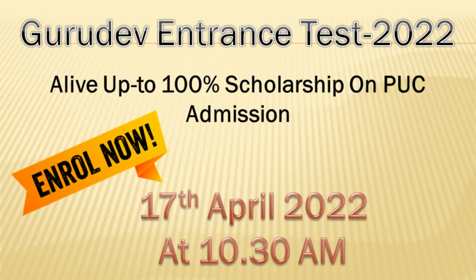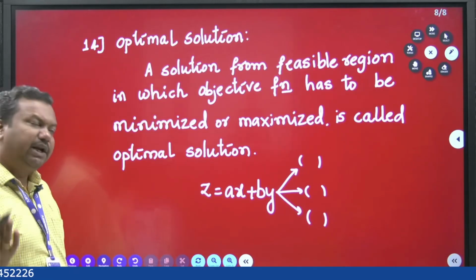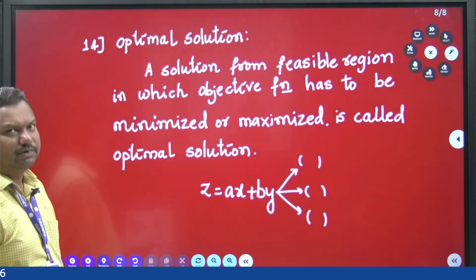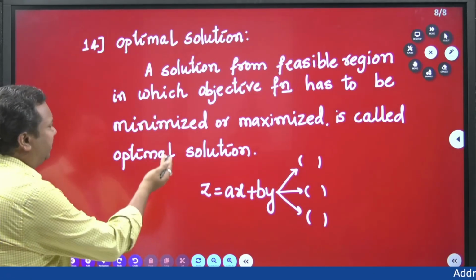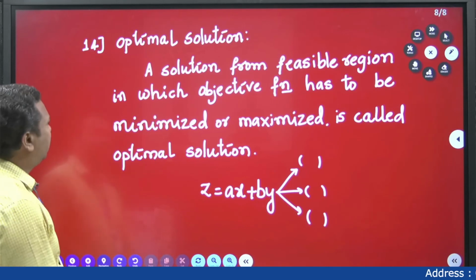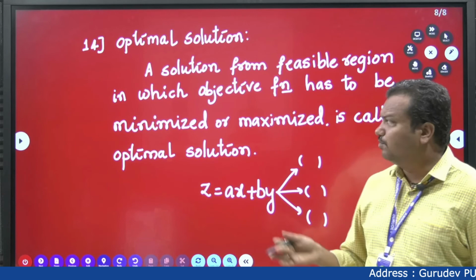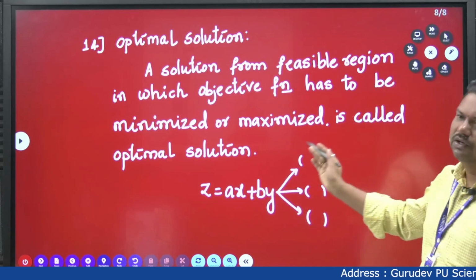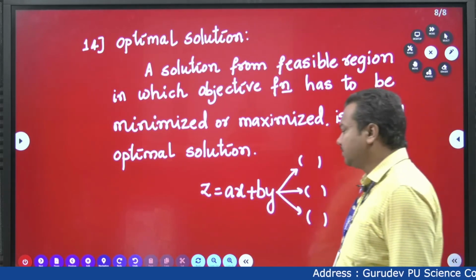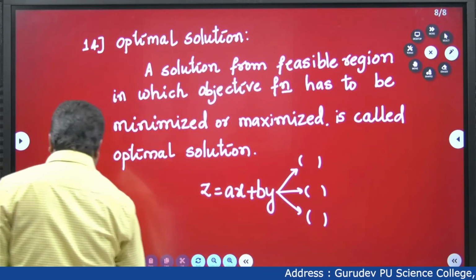At any particular point it will give you a maximum value, at any particular point it will give you a minimum value, so they are also called optimal solutions. So a solution from the feasible region in which the objective function has to be minimized or maximized is called an optimal solution.